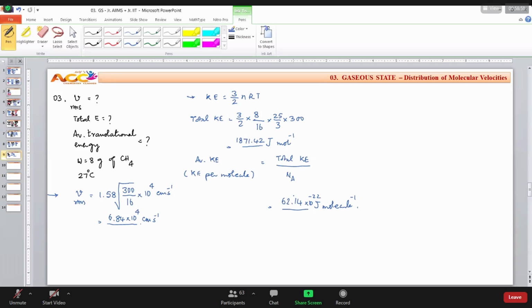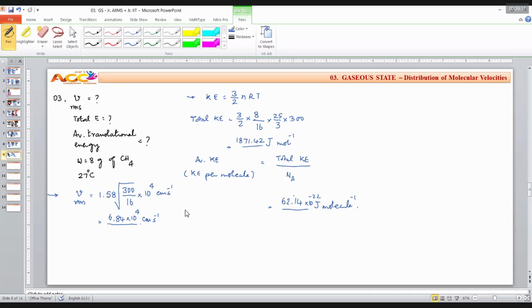Mohammed Zahiruddin is asking a very good question. He's asking, sir, I wanted to clarify that average translational energy and average kinetic energy both are the same or not. Yes, both of them are the same. But suppose, for example, if he is saying something with respect to weight, 8 grams, 8 gram is not mole. Okay.